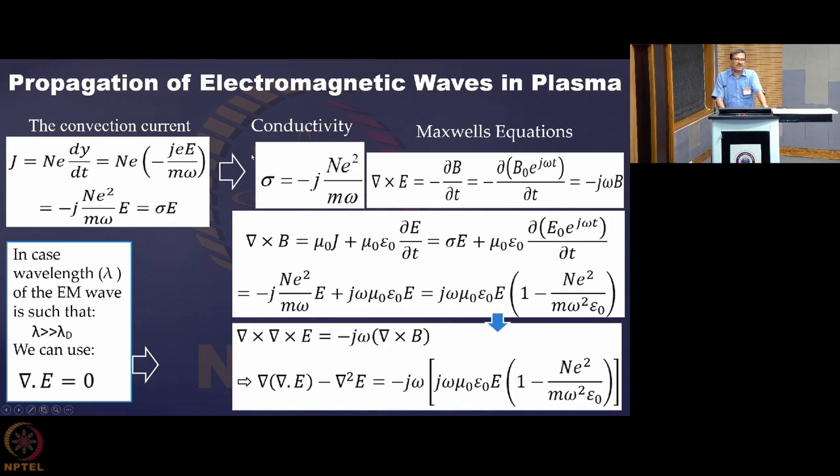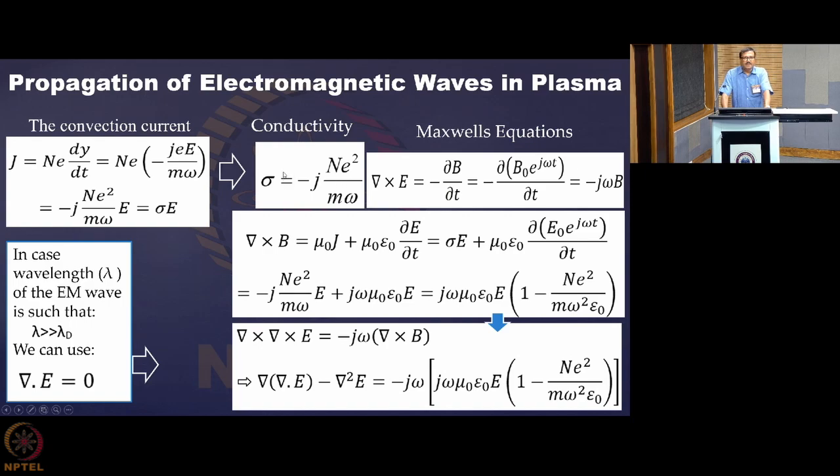This is the place where the earlier confusion was, how we arrive at this expression of conductivity, and now you are clear how it comes. The earlier case was also correct, but you have to apply your insight to get to this value.